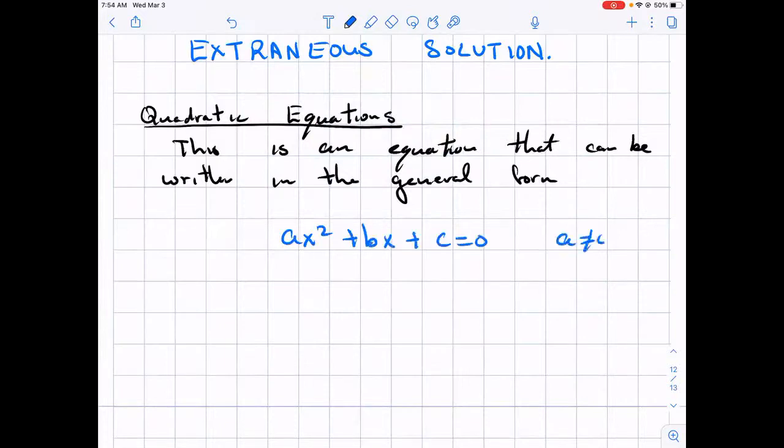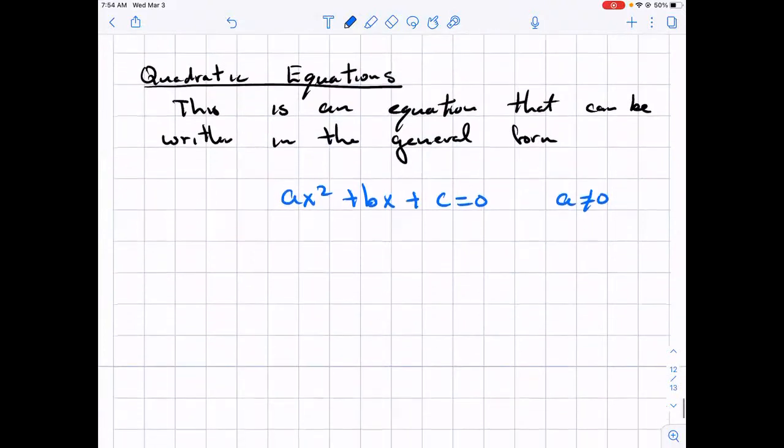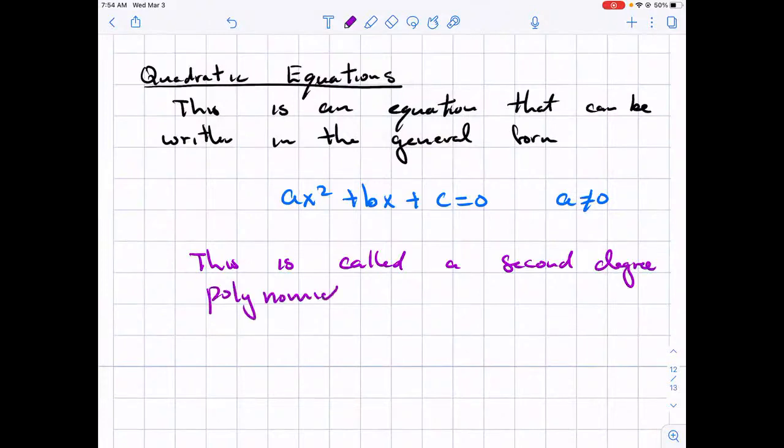And remember, a cannot be 0. So note also that this is called a second degree polynomial. Okay, it is a second degree polynomial.